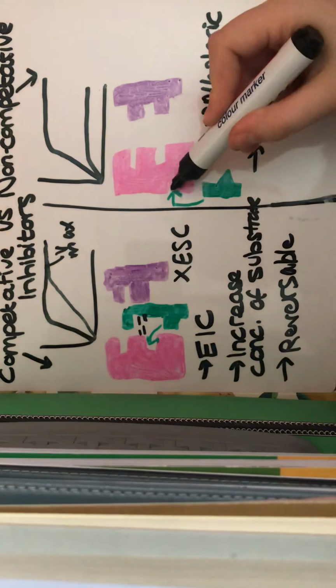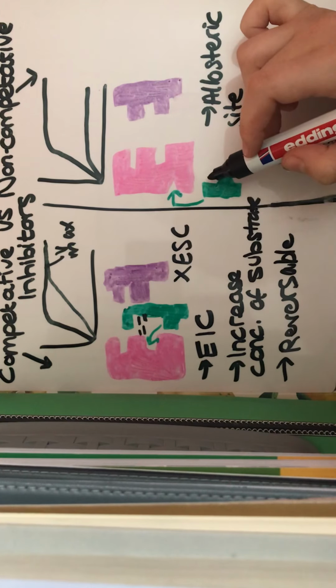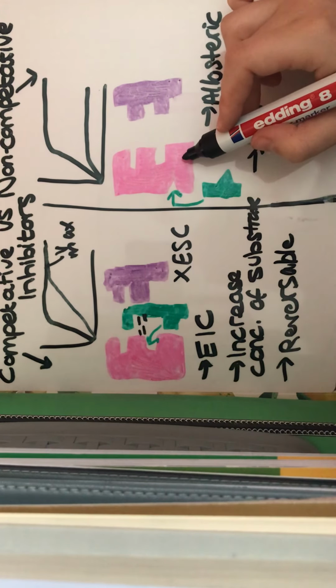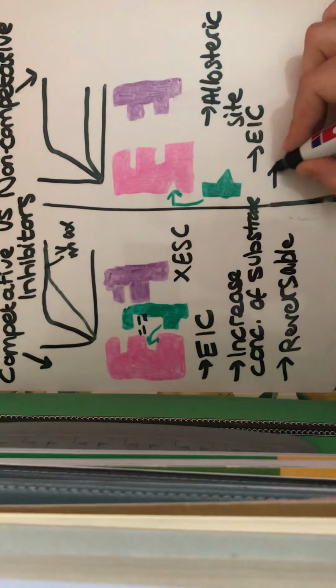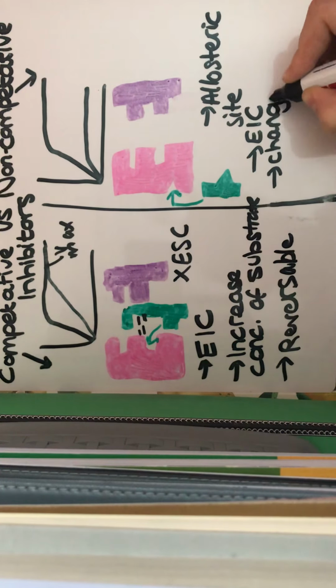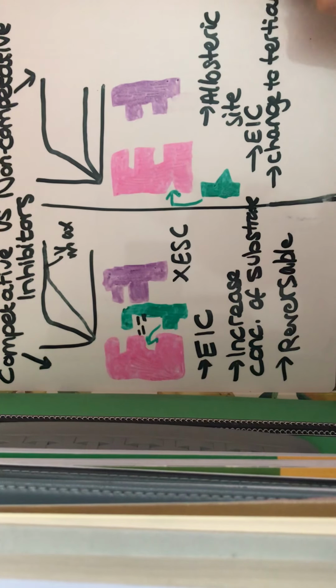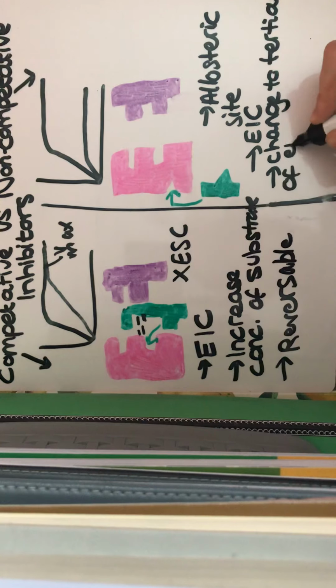And by binding to the allosteric site, the non-competitive inhibitor is actually changing the tertiary structure of the enzyme. So we've got a change to the tertiary structure of the enzyme. Remember, because an enzyme's a protein.